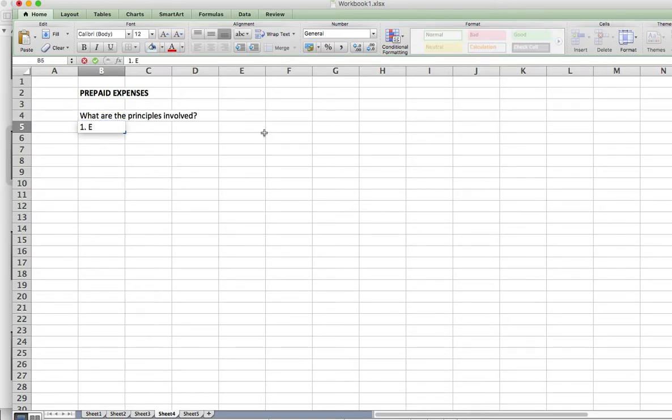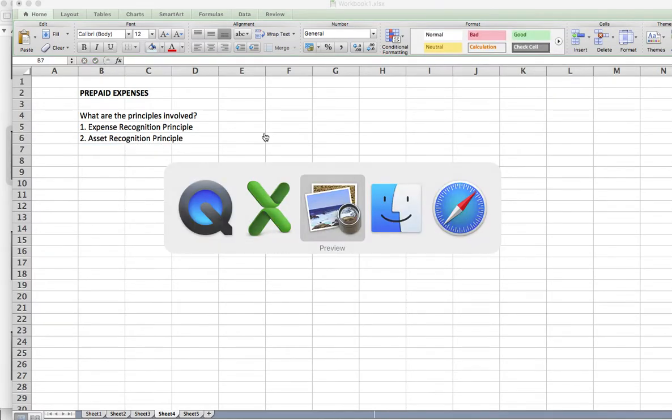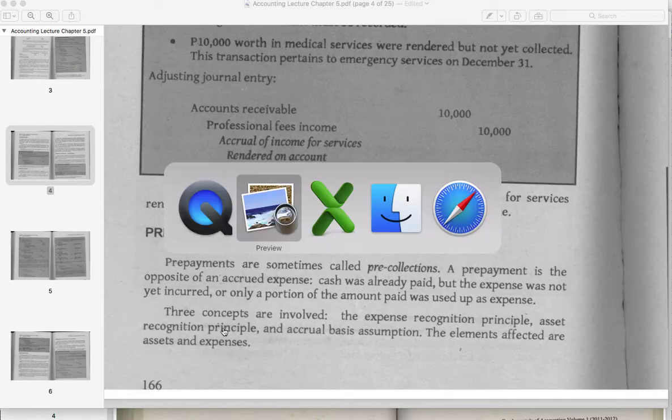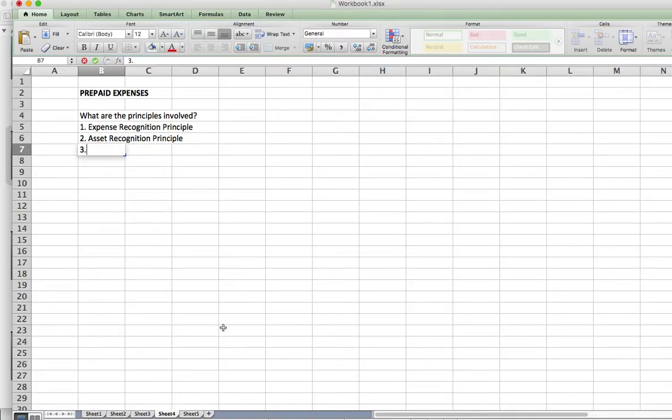Number 1, expense recognition principle. Number 2, asset recognition principle. Ayan. Ano ba sabi dito? There are three concepts involved. Expense recognition principle, the asset recognition principle, and of course, the accrual basis assumption. Ilagay lang natin siya. Accrual basis assumption.